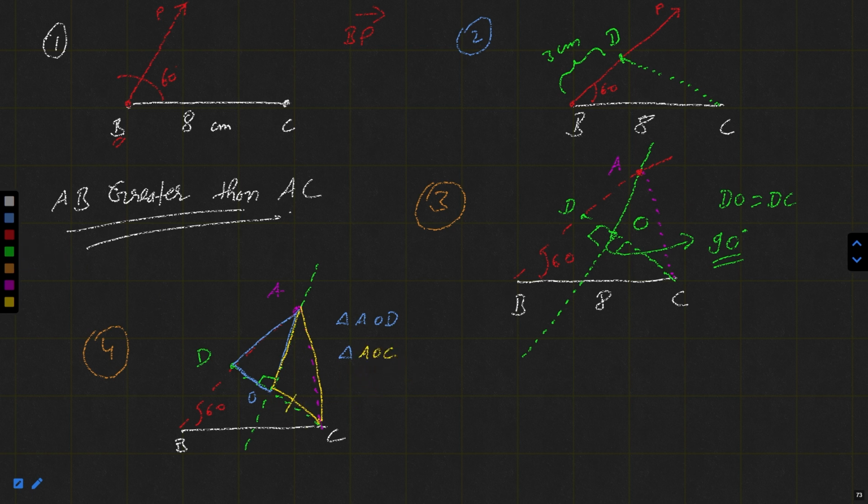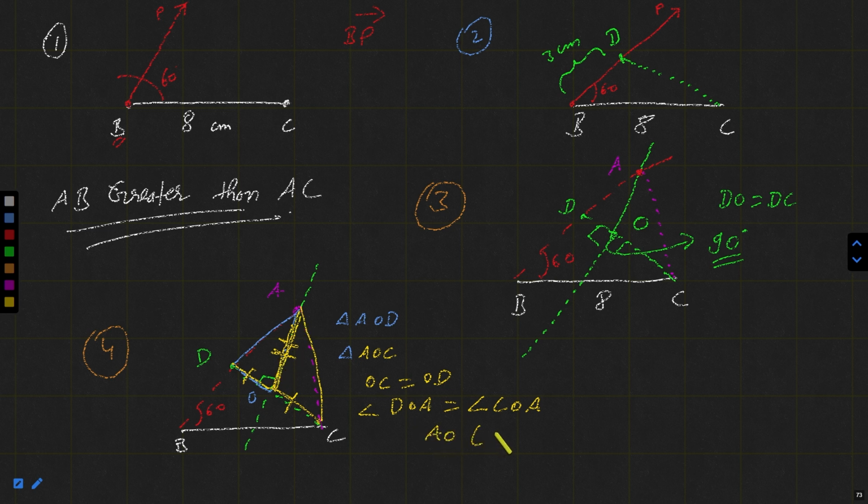we saw the OC is equal to OD, yes, and angle DOA is equal to angle COA, and this line or the side of the triangle AO is common.